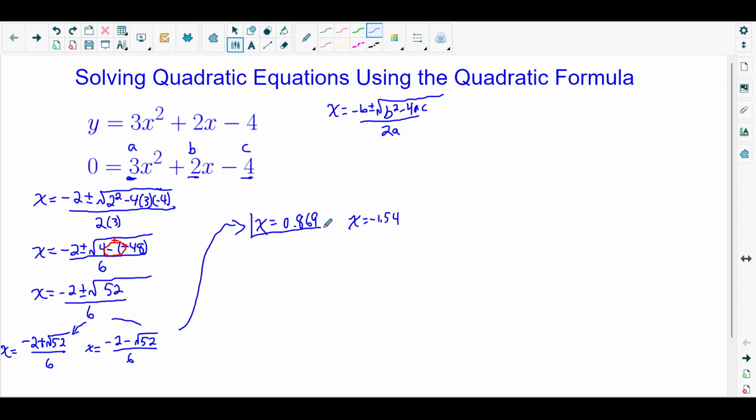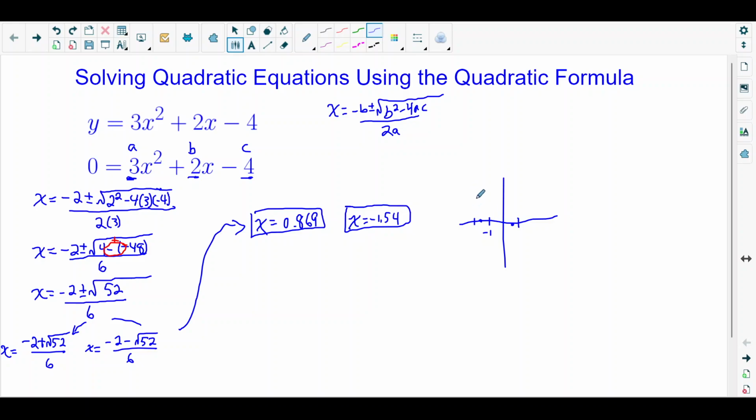So those are the x-intercepts of this quadratic relationship, which means that if we were to graph this parabola, we know that there's an x-intercept at negative 1.54, somewhere in here, and positive 0.869, which will be somewhere in here.